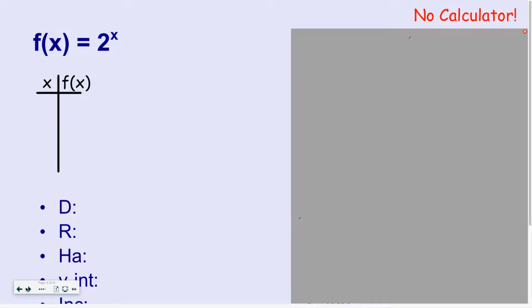Okay, so I always focus on what my base is when I'm graphing. We're going to make a table of values. You may already kind of know what shape this is going to be, but we're just going to look at why these graphs look the way they do here at the beginning, and then we'll take the shortcut route going forward. So I usually pick some negative, some positive, 0, and I put them in my table.